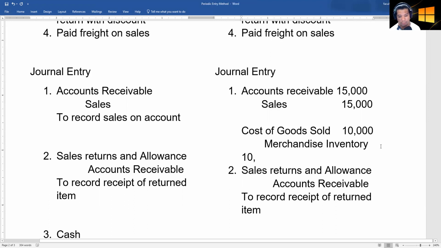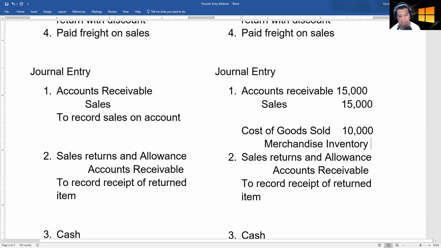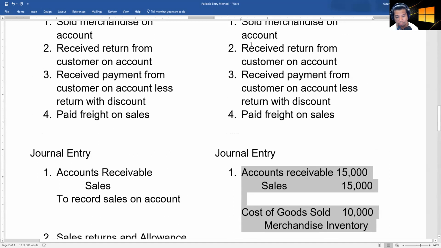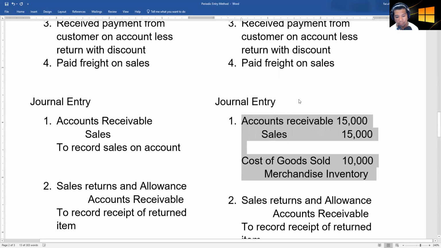So ayan, cost of goods sold 10,000, merchandise inventory 10,000 pesos. The difference between the two, or the margin between this 15,000 and 10,000 pesos, is your gross profit. Malalaman ninyo yan when you prepare your financial statement. So always remember, kapag may sales account, ito lang po ang may cost of goods sold pag nasa perpetual ka. Yun lang po ang changes.